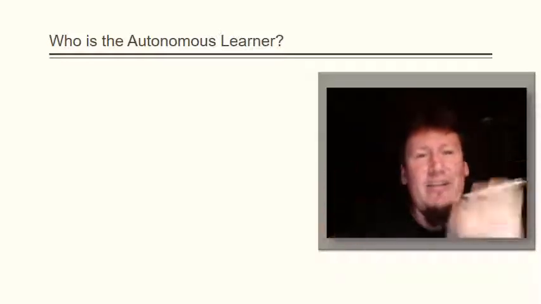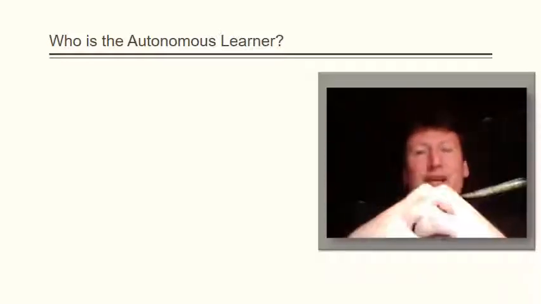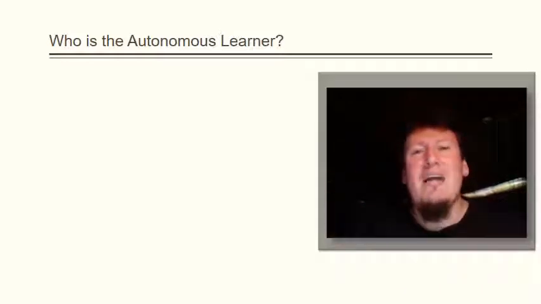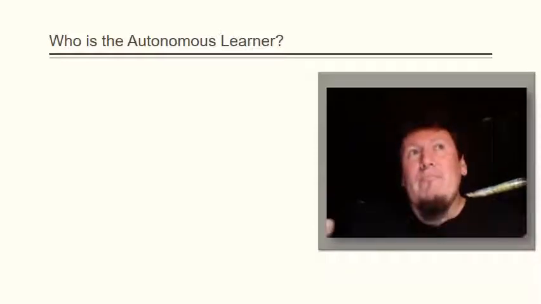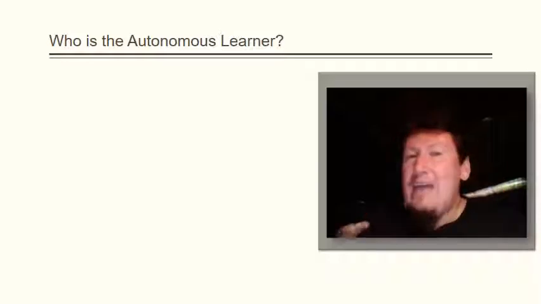So let's bring the learner, the person, and the concept of autonomy, merge them, and what's the result? What should we expect from an autonomous learner to have? And most importantly, from a distance learner to have that autonomy.